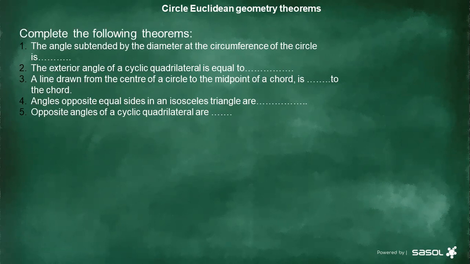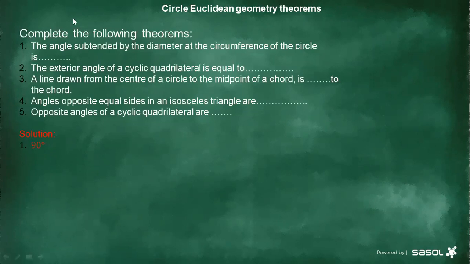It's going to be easy for you to complete them only if you have revised all those 9 theorems from grade 11. Then you'll be able to complete this one. All right. Now, the first question that we must complete says the angle subtended by the diameter at the circumference of a circle is equal to 90 degrees.